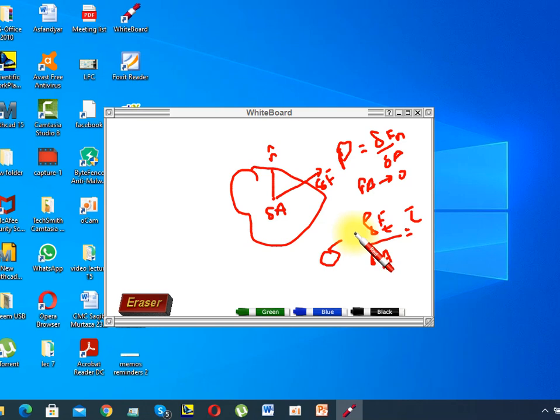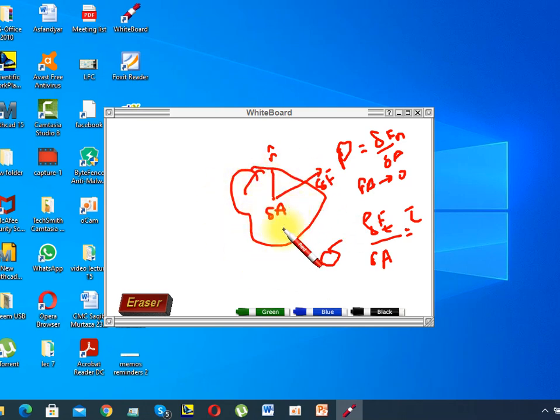The second difference between pressure and stresses is that if the fluid is at rest, there will be pressure, but the fluid at rest has zero stresses.